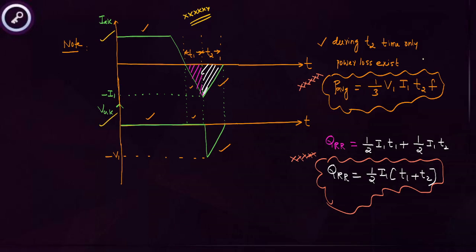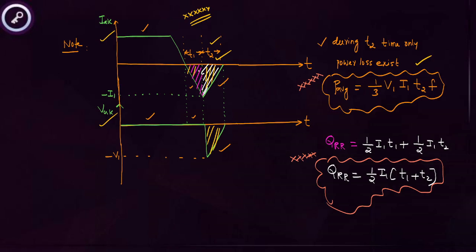If average power loss is asked, friends, directly remember this formula: 1 by 3 V1 I1 T2 into F. Because the voltage exists only during T2 time. Even though current exists here, voltage is not present. Power losses take place only where both voltage and current are present, so only during T2 time.